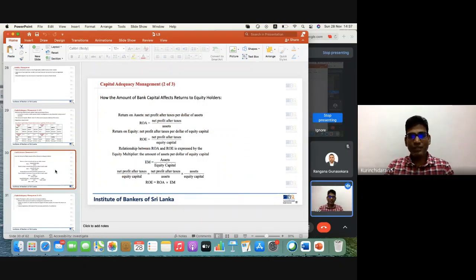But at the same time, we also keep in mind that capital is not free. It is costly compared to others.